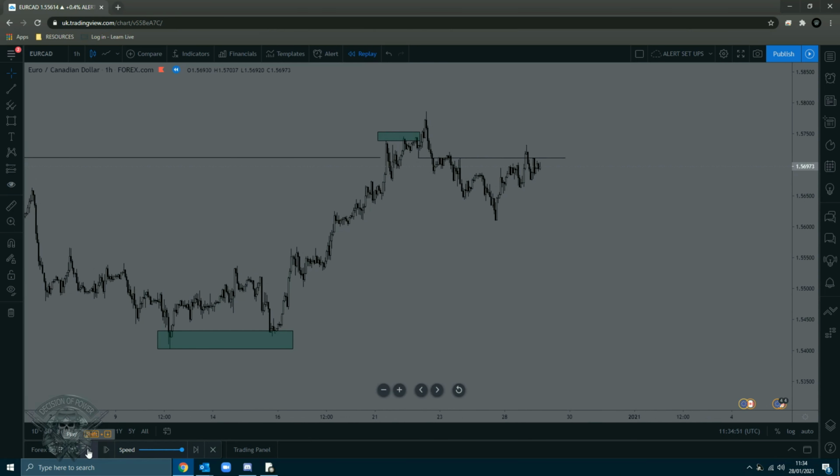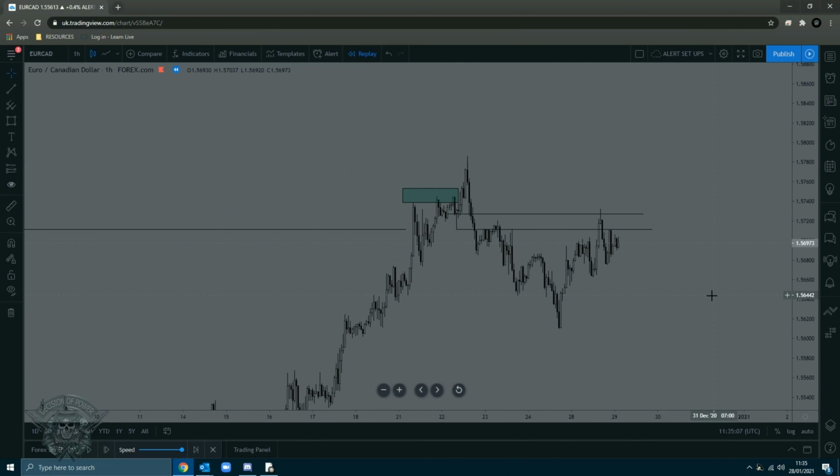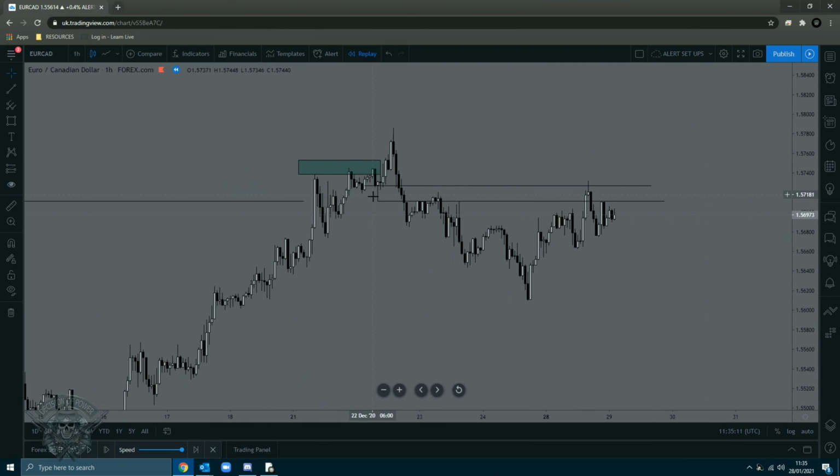Okay, so right there you've got the entry point we'll be looking at. This is the swing low point. I'd be looking for a retest of the body of that down candle right there. If I zoom in a little bit more, this was the swing low that was broken right here.